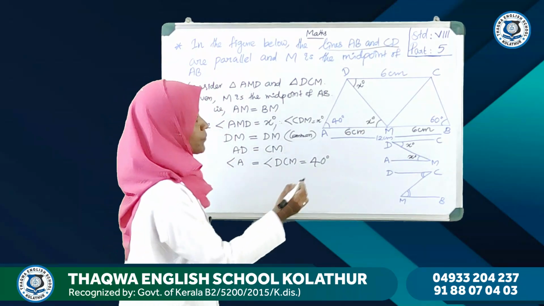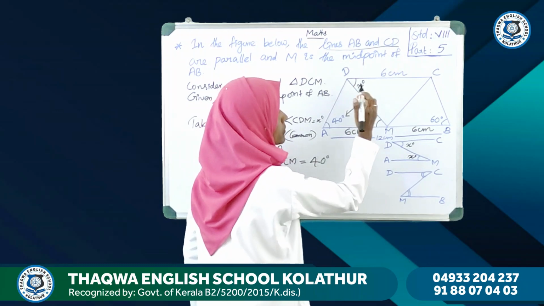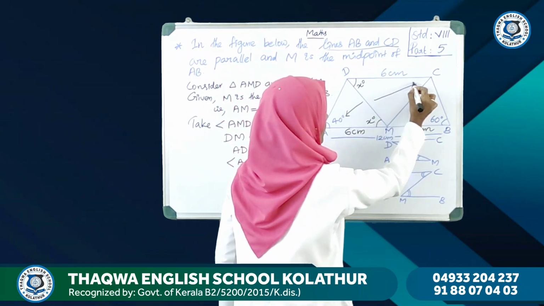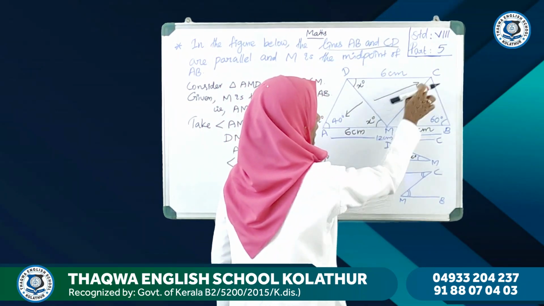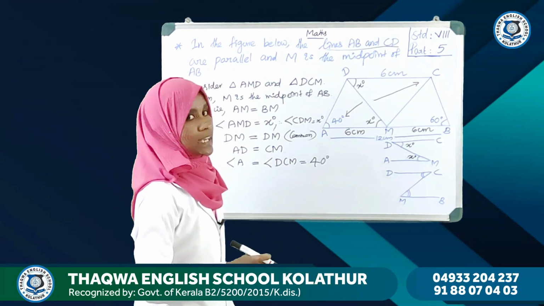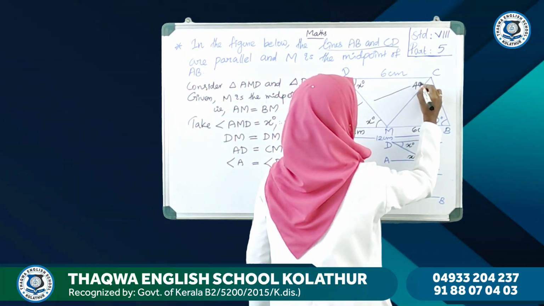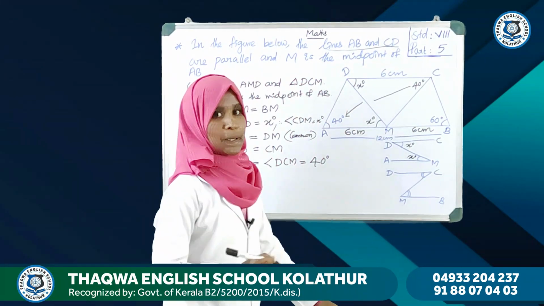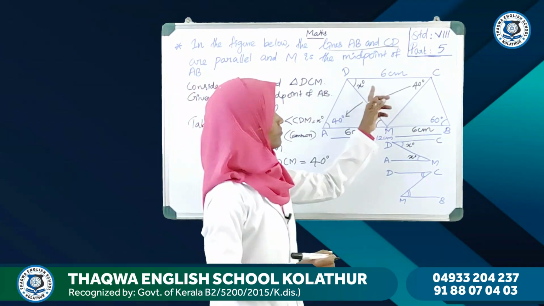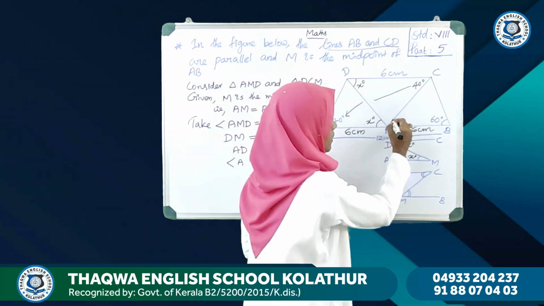What is the reason? Angle A is opposite to the side DM or MD. Here angle DCM or MCD is also opposite to the side DM. Now this angle is also 40 degree. Angle DCM is 40 degree.